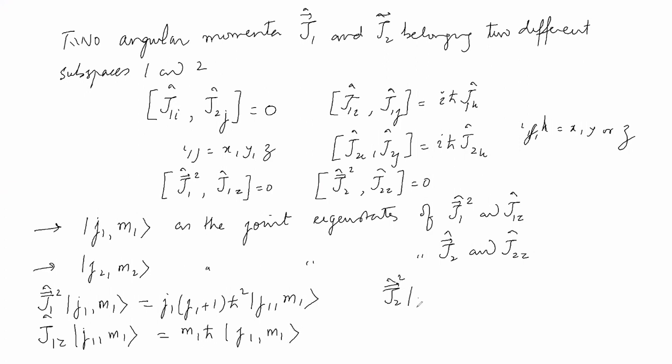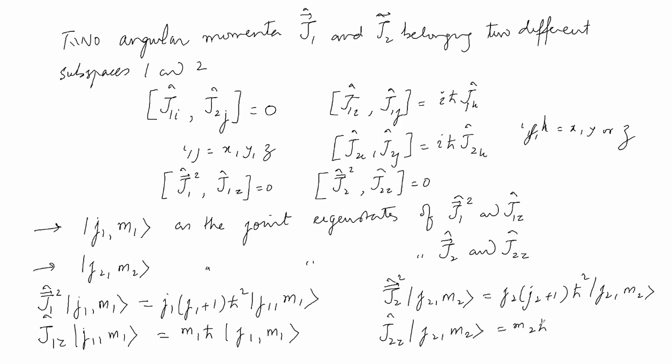Similarly, J2 square operating on |J2 M2⟩ gives us J2 times (J2 plus 1) ħ square |J2 M2⟩, and J2Z operating on |J2 M2⟩ will give us M2 ħ |J2 M2⟩.